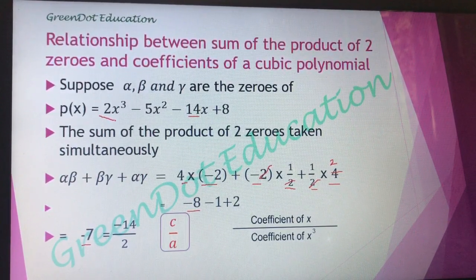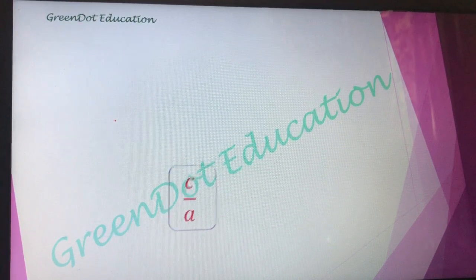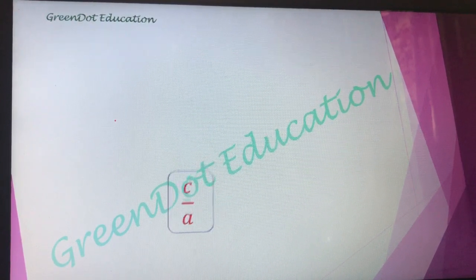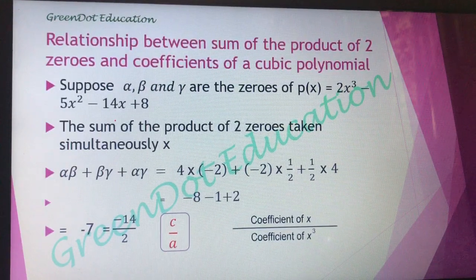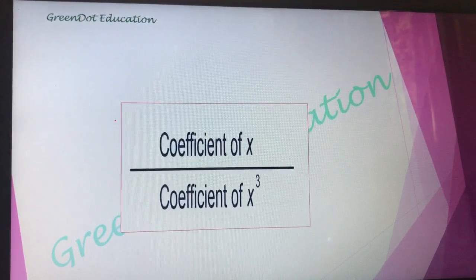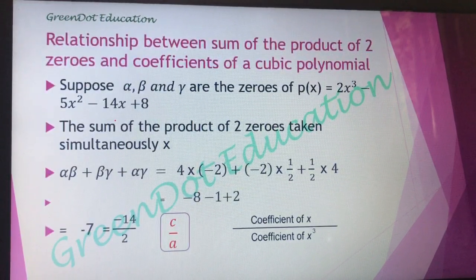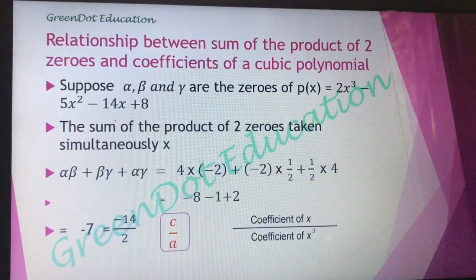The ratio of the coefficient of x to the coefficient of x cube represents this relationship.